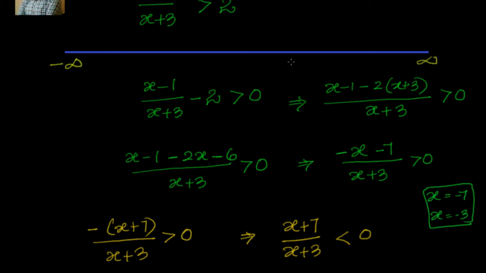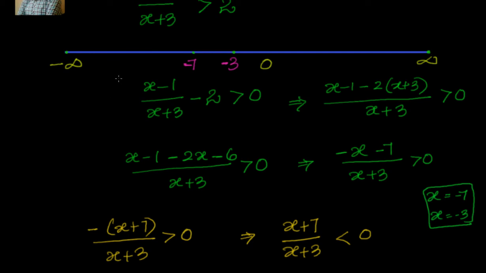So I'll draw a number line with minus infinity, 0 and infinity. Then I'll put these points minus 3 and minus 7. Minus 3 will be somewhere here and minus 7 somewhere here. I'll put a mark there saying those are my critical points.